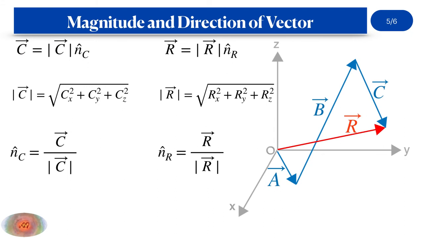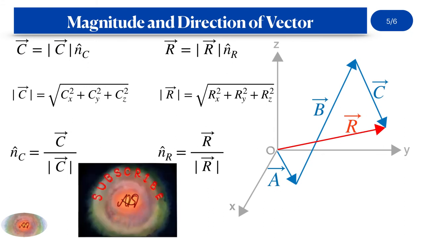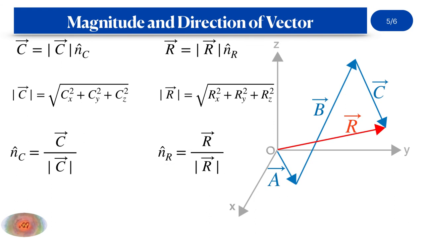For the vectors c and r, similar concepts are applicable. And from this equation you can easily prove that the magnitude of the unit vector is always 1, because if you take the mod of this unit vector you will get the mod of that one, and that will be 1.